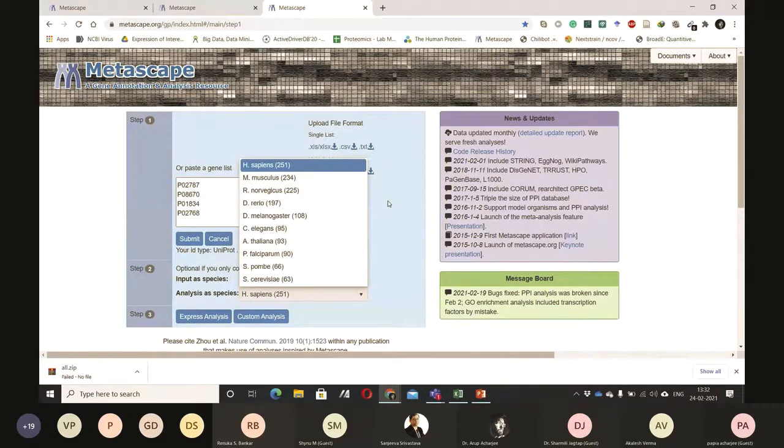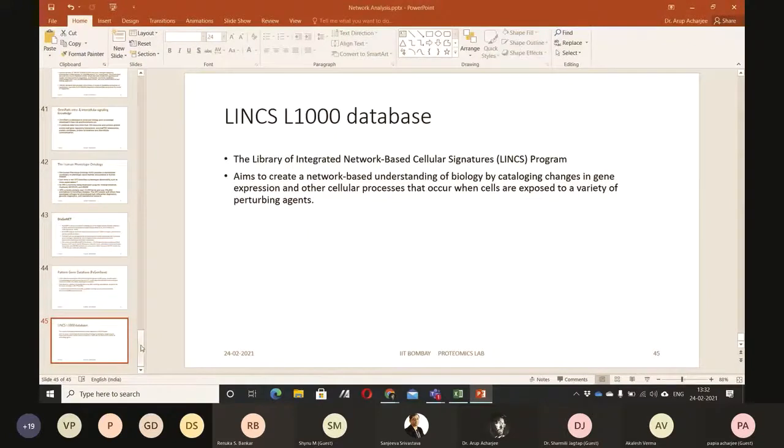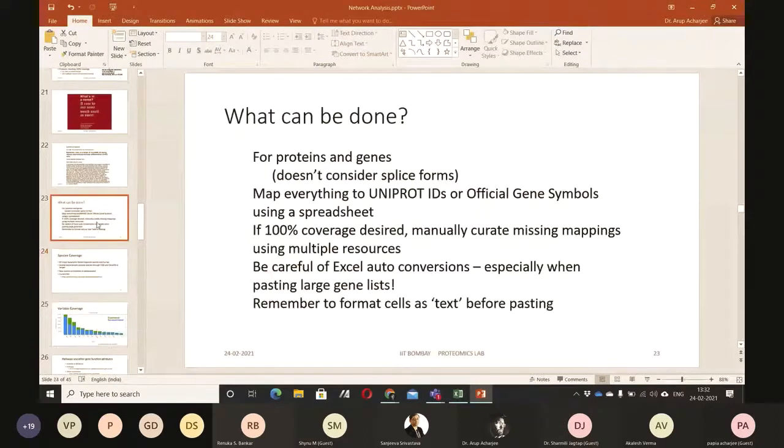When you are analyzing your data, you should be very clear which species you are using. One more time, if you remember in my PowerPoint, I was telling you that there is an issue of species coverage. You won't find 100% coverage.